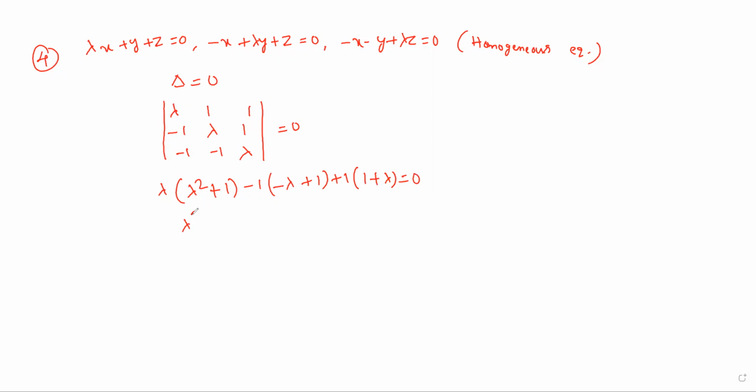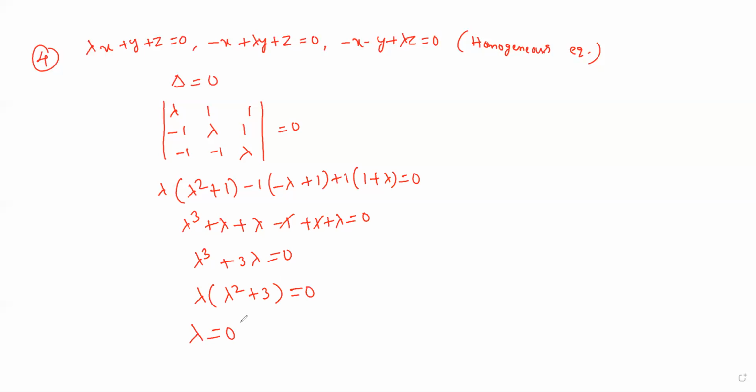Lambda multiplied inside, that is lambda cube plus lambda minus 1 plus 1 plus lambda equal to 0. Plus 1 minus 1 gets cancelled. Lambda cube plus 3 lambda is equal to 0. Take lambda common, remaining lambda square plus 3 equal to 0.